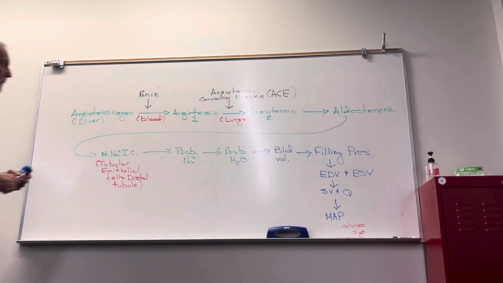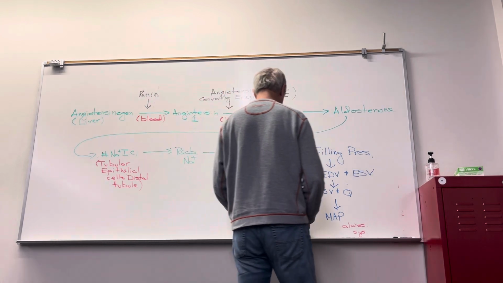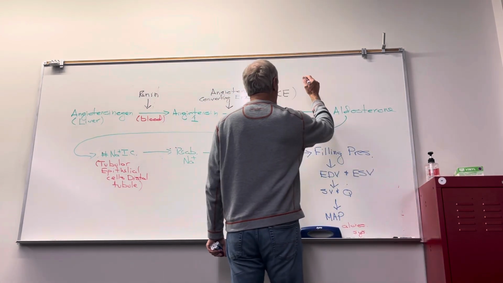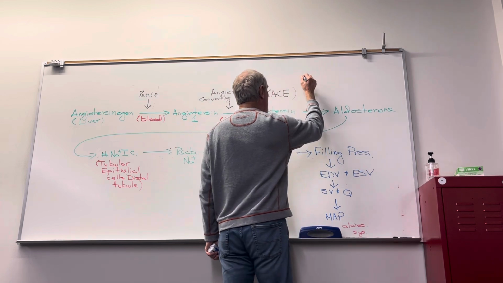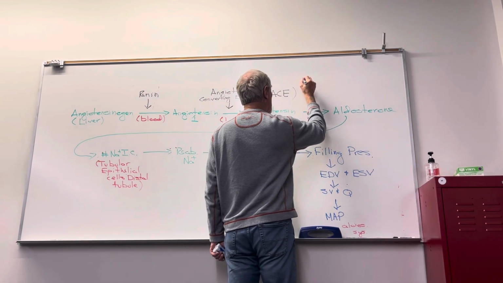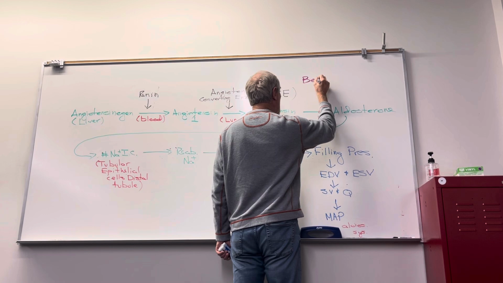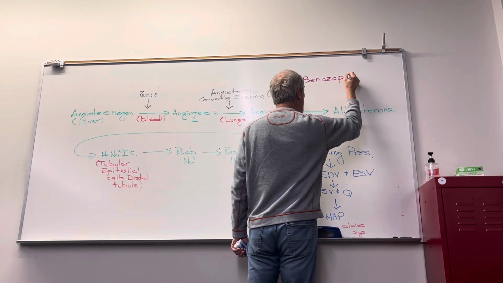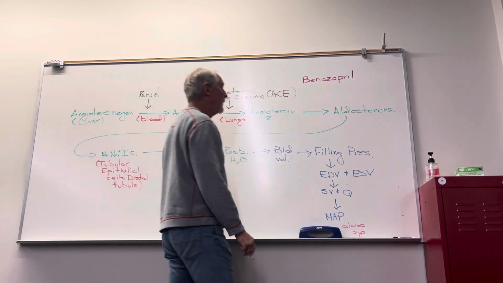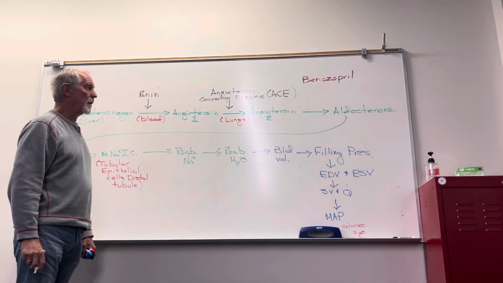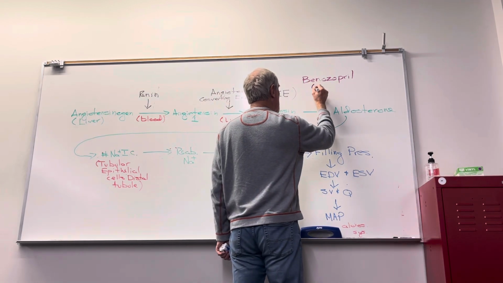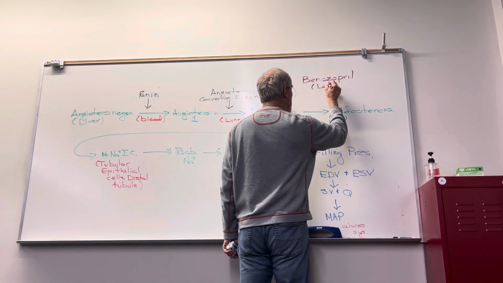So we come along and we give Mrs. Jones an ACE inhibitor. Now, here's a couple common types of ACE inhibitors. Benazepril. Very, very commonly prescribed ACE inhibitor. This also goes by another name, which is Lotensin.